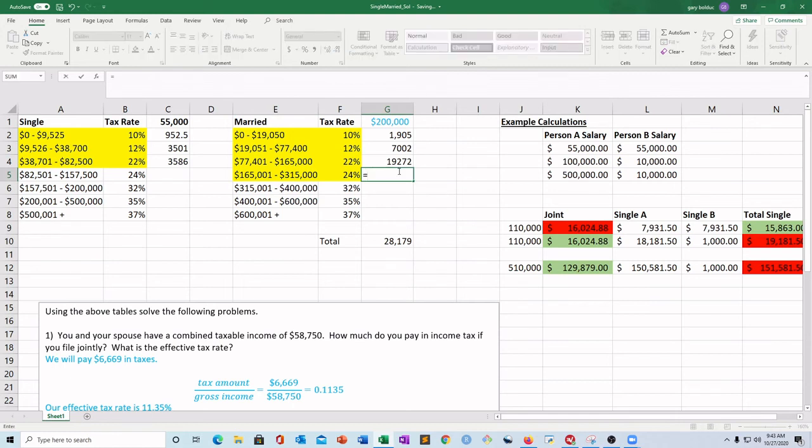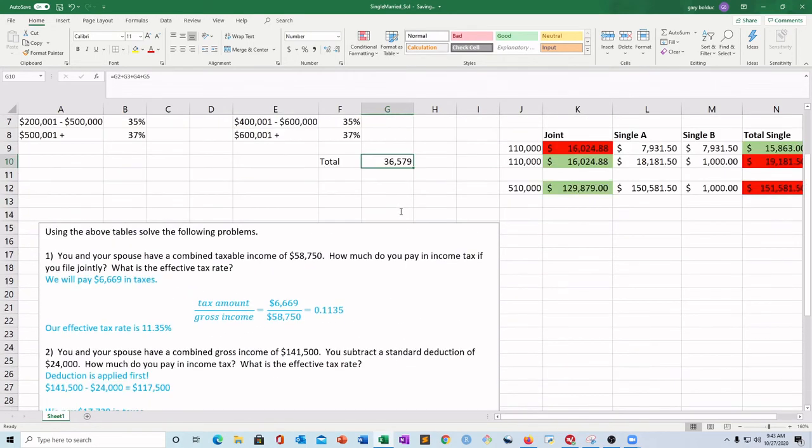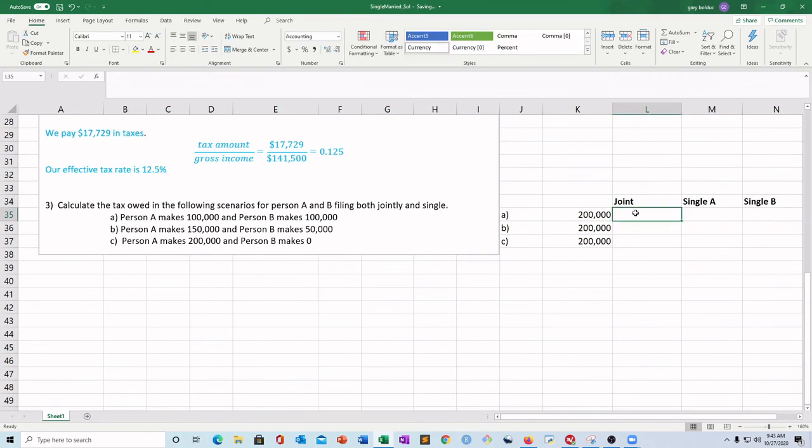Okay, so I end up paying, well, I don't fill the box, so I don't use this number. I get up to 200,000 minus, well, how much did I already get taxed on? I already got taxed on 165,000 times 24%. So I go into here, I'm missing my last box, and that gives me a total of $36,579 to pay. So I take my 36579 and I put it in here.